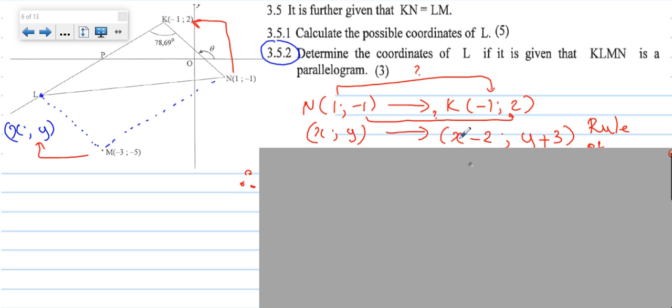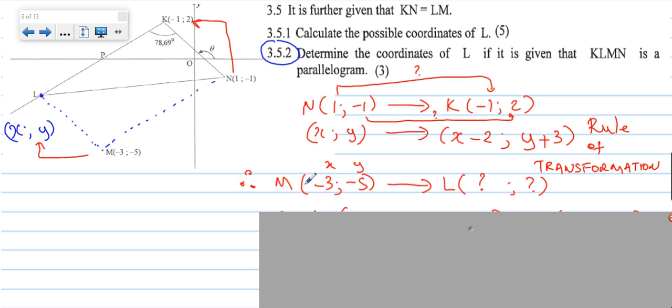And check, 1 minus 2 is minus 1. If you substitute 1 here, 1 subtract minus 2 is minus 1. How can minus 1 transform to 2 if I add 3 to it? And let's check, minus 1 plus 3 will give you minus 2. So we got the rule.